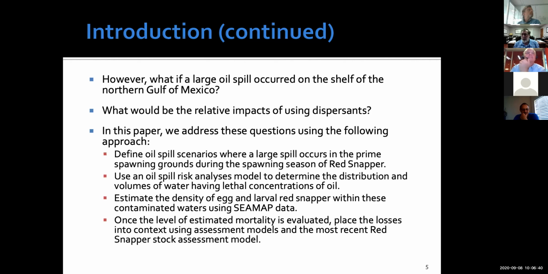Our oil spill simulations were run for cases with and without the use of chemical dispersants. 2 dispersant scenarios were considered: dispersal of 100% of the spilled oil and dispersal of 70% of the spilled oil. For the without-dispersant case, it was assumed that 4% of the oil was naturally dispersed into the water column.